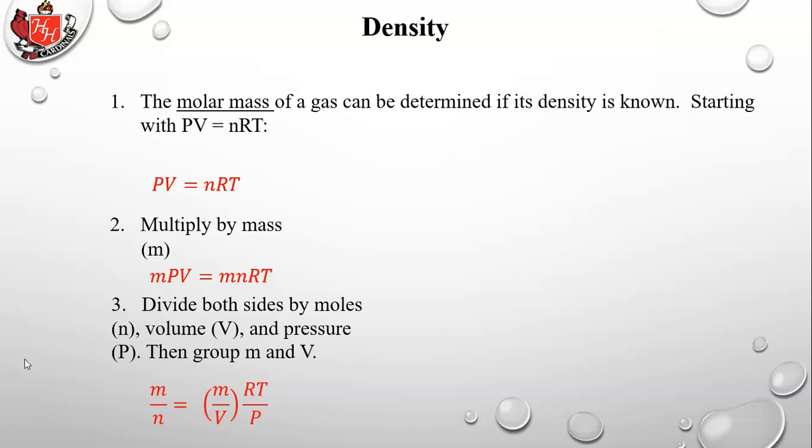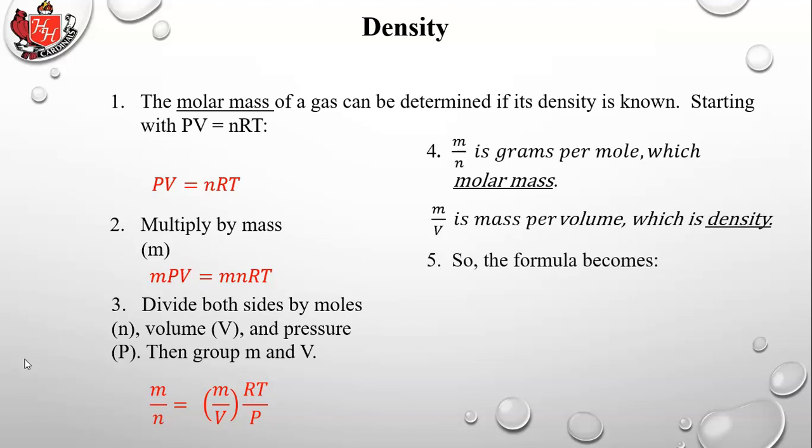Now what is mass over volume? That's density. So mass over number of moles is grams per mole, which, maybe you didn't recognize it, that's molar mass, grams per mole. The weight for a certain amount divided by the number of moles. So m over V is mass per volume, which is density.